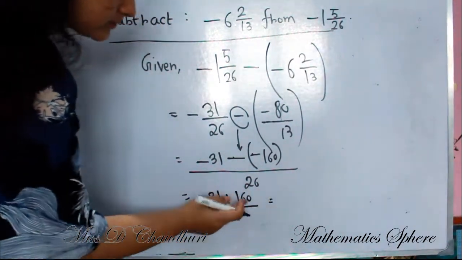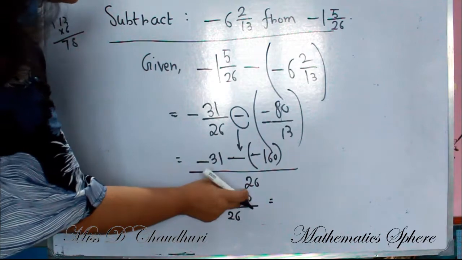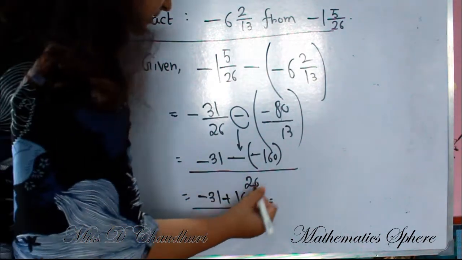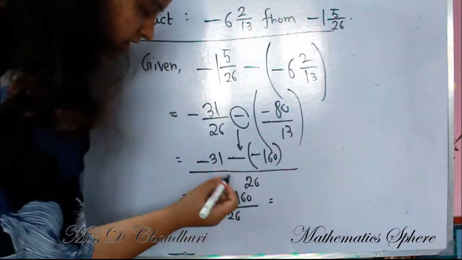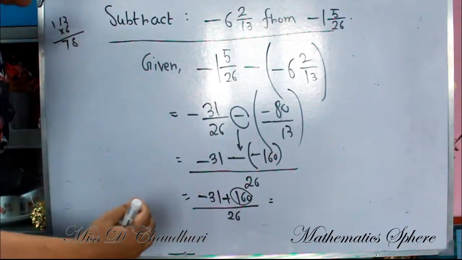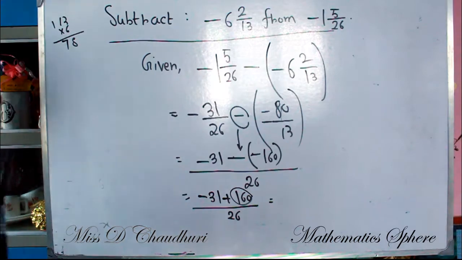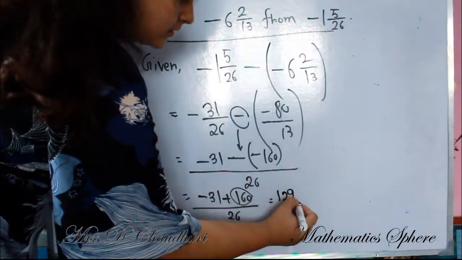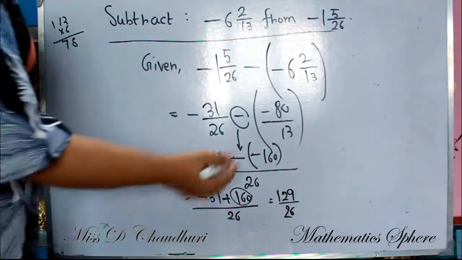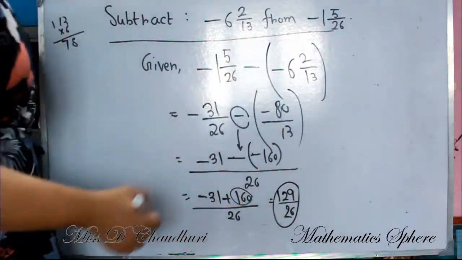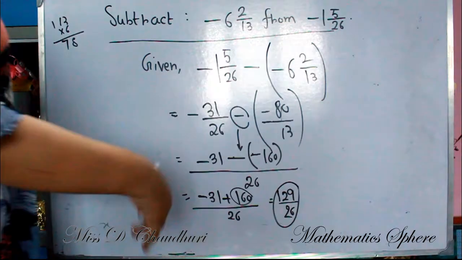Now 160 is greater, so ultimately 160 minus 31 will occur and the positive sign will remain because this has the greater power. So this is 129 by 26, positive 129 only. Again the same thing, if it is told to write in standard form, you keep it like this only, or else you divide it.